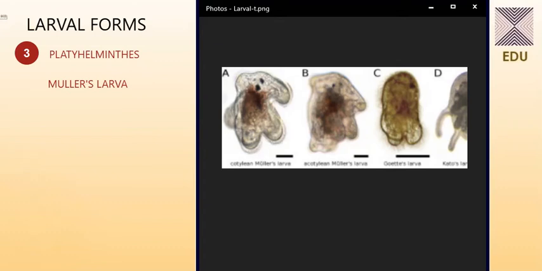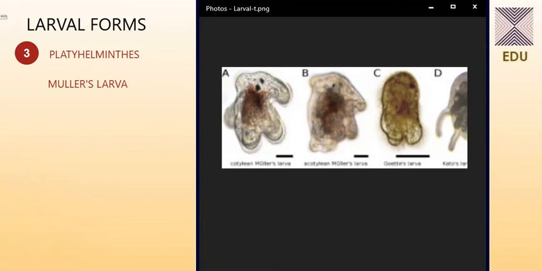Now, if I talk about the flatworms, according to their lifestyle they can be classified either into the free living forms, this is the first category, and the second is the strictly parasitic flatworms. So these are the two basic categories based upon the lifestyle of the flatworms.